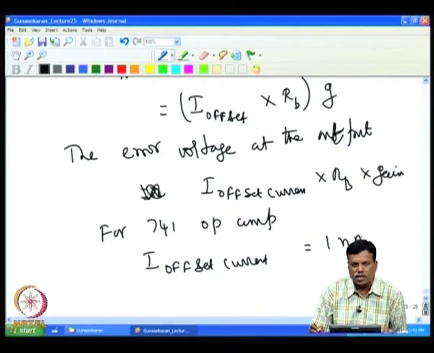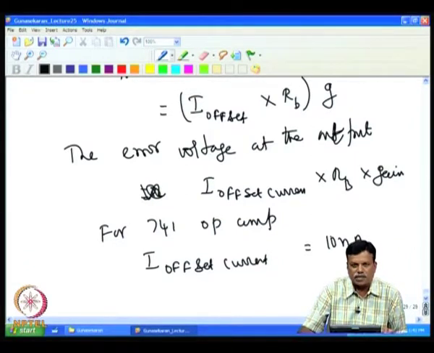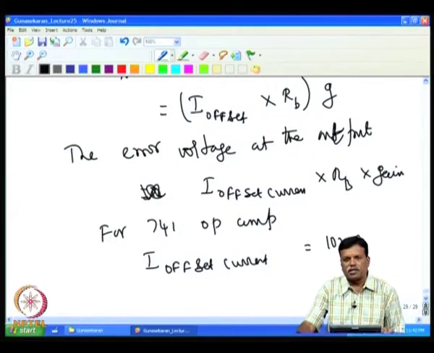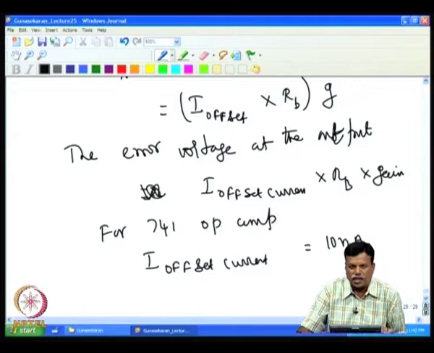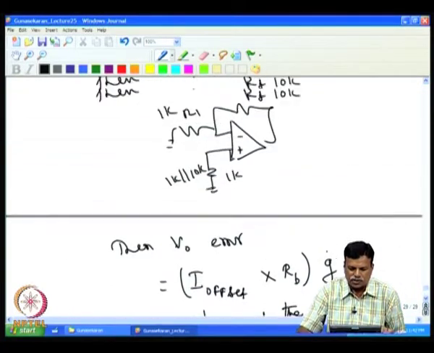So, if I have 1K resistance, then you will have only 1 microvolt. But for 741 it is around 10 nanoampere, whereas if you take the bias current by itself, it is at the 50 nanoampere level. So, the offset current is much smaller. The error induced by the offset current is smaller if the resistance values are small.